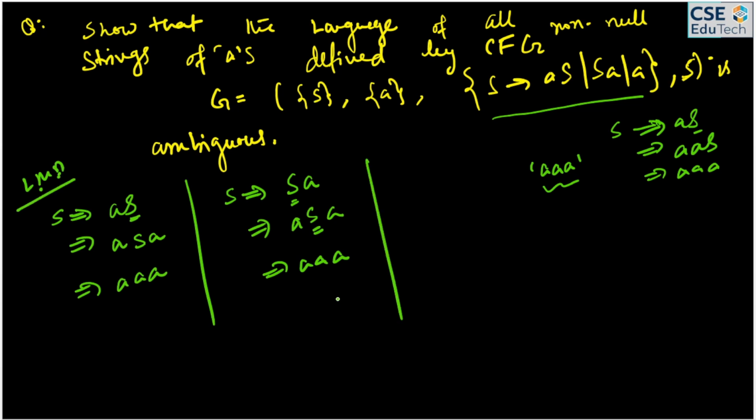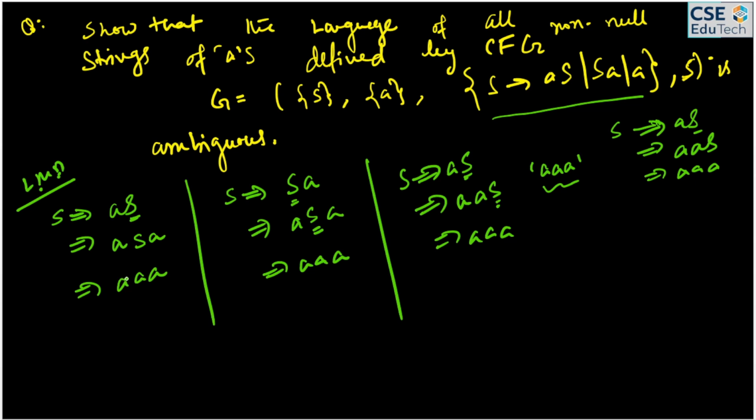Now obviously we have seen that the first leftmost derivation and the second leftmost derivation are two different ones. Again we can find another derivation like this, S to, suppose, AS, and this S can be replaced by AS, and this S can be replaced by A, and so on.